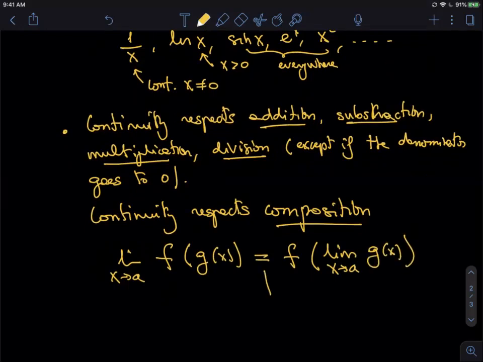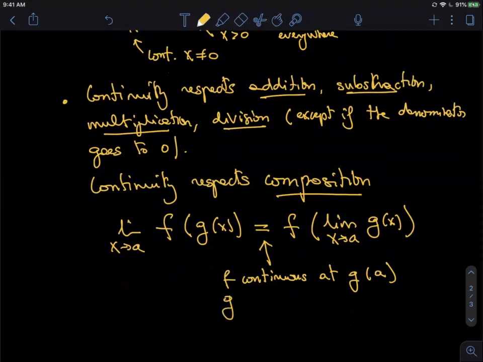For this to be true, we need f to be continuous at g of a, and we also need g continuous at x equals a. If these two hold, then there is no problem.